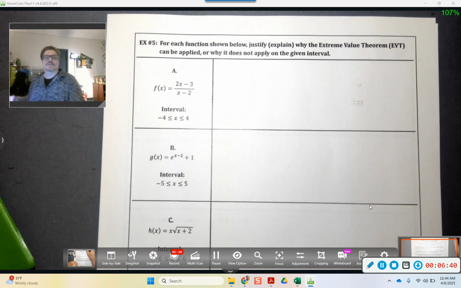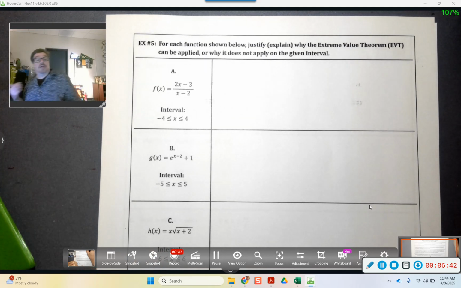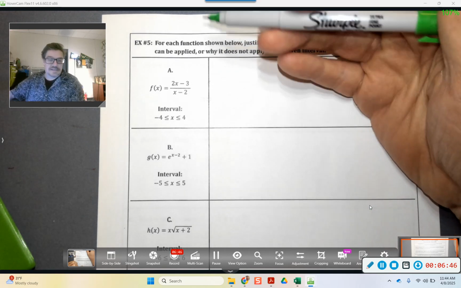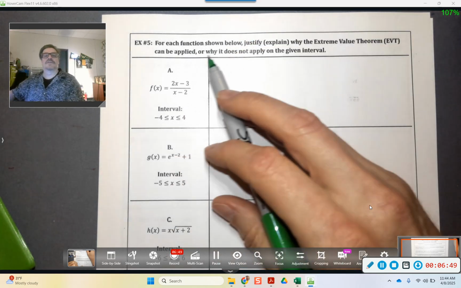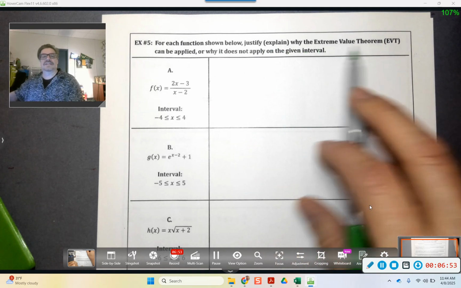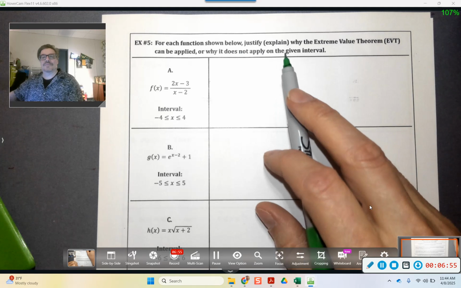Then what we can do is determine whether or not the EVT applies. This is kind of like the MVT, to see whether or not that applied. For each function shown below, justify why the EVT can be applied or why it does not apply on the given interval.